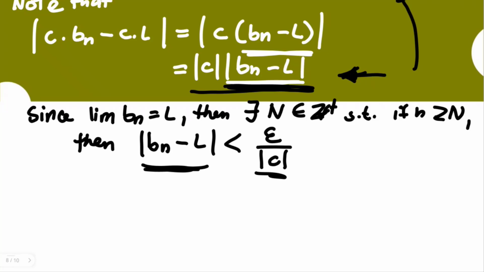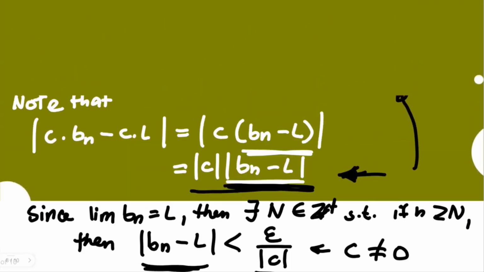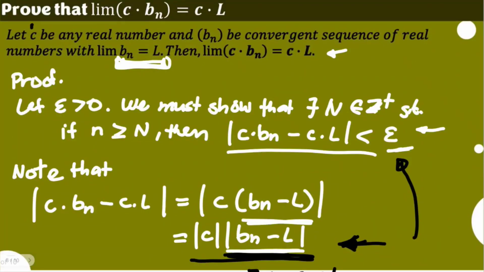Now take note, for this case, make sure that c is not equal to 0, because if c is equal to 0, then this is undefined. So what happens if c is equal to 0, even when we are sure that c is any real number, which also includes 0?